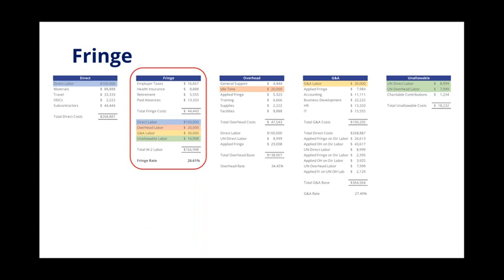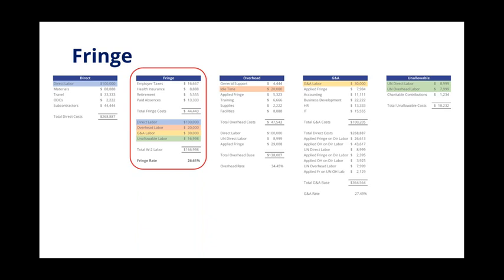The color coding is going to move, and I've got it there to show where the information is coming from. So we're going to talk about fringe, and we've said that the base of fringe usually, and again, my approach today was to take what we typically do, and that is labor dollars and all labor dollars.